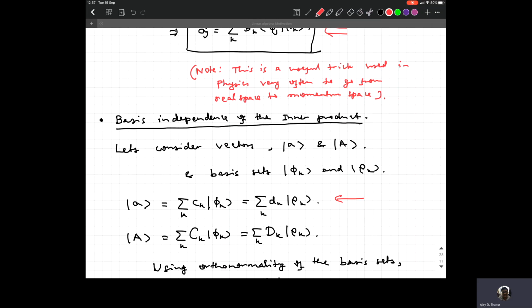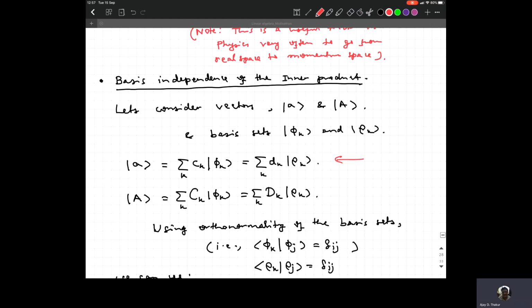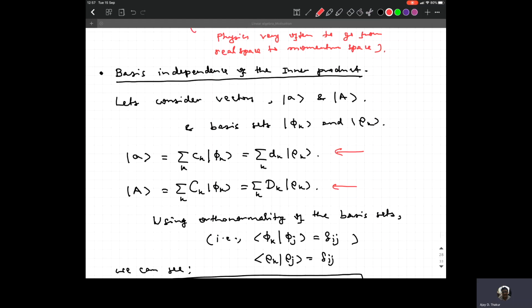These are small letter c's and small letter d's. Similarly, capital A ket could be written in terms of phi k and rho k basis sets. And in this case, the coefficients we denote by capital Ck and capital Dk respectively.